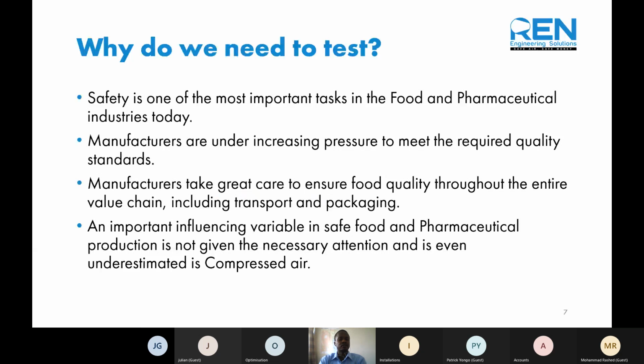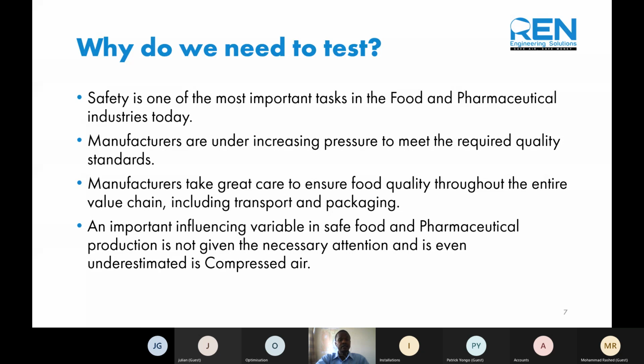So why do we need to test compressed air? Safety is one of the most important tasks in the food and pharmaceutical industries today. Manufacturers are under increasing pressure to meet the required quality standards.